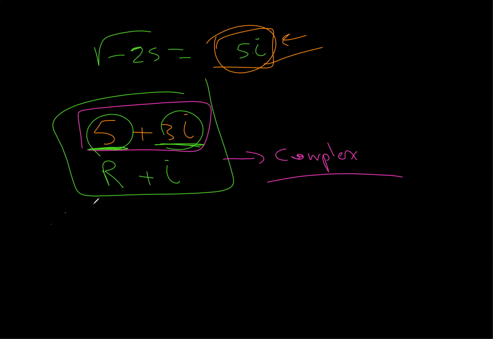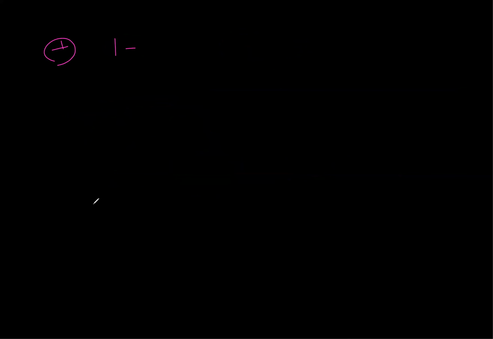Okay, these complex numbers now, we need to understand how to add them, how to multiply them, how to subtract them. Very easy. Look here now. If we start by addition, if I have 1 plus 2i, this is now a complex number, plus another complex number that is 3 plus 5i. I need to add them. How do I add them?